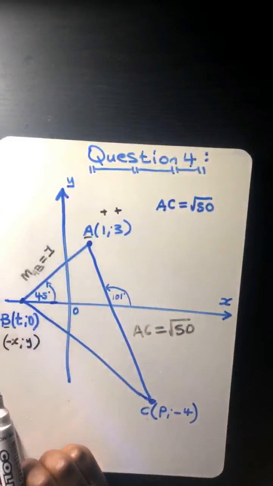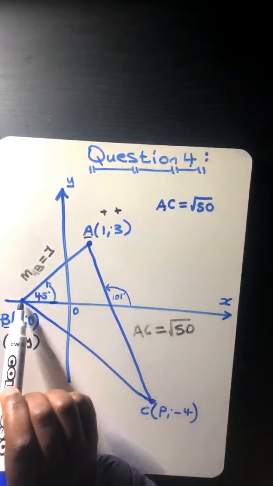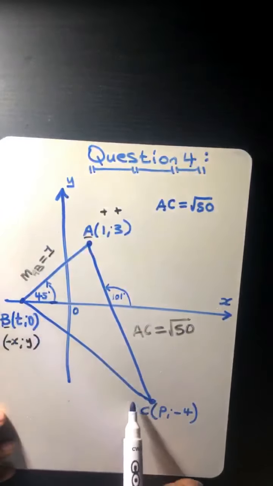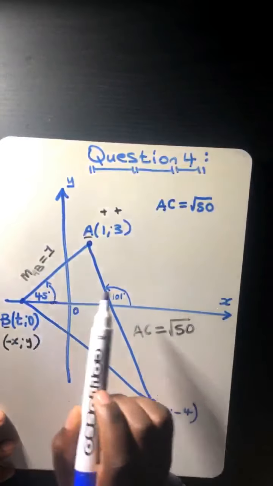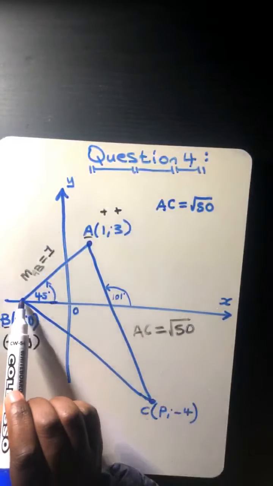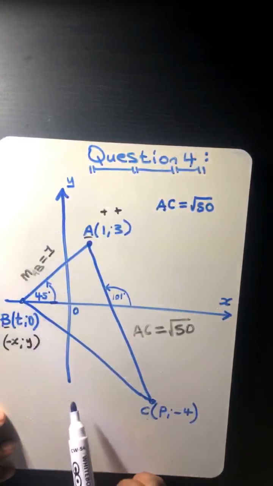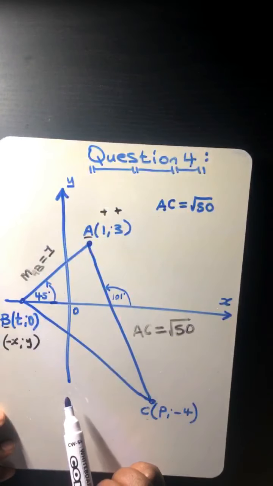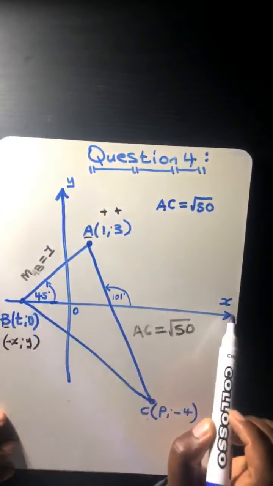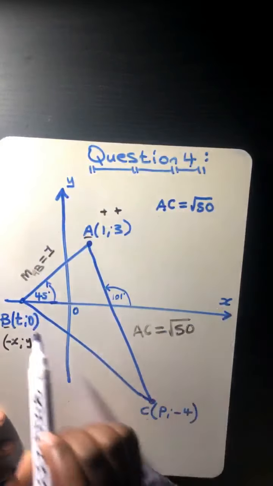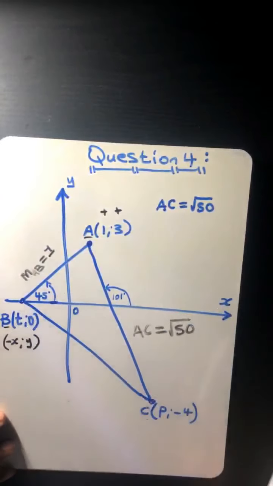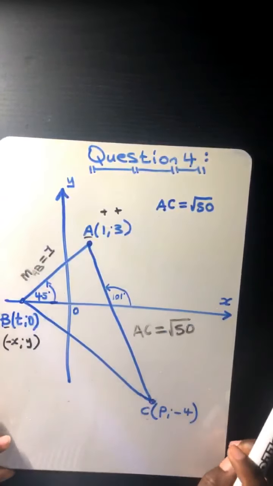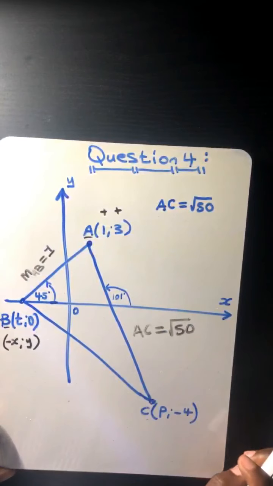So in short, it has got nothing to do with line BC, which means you cannot use the tan angle to calculate the gradient of BC, because we do not have the angle formed between that x-axis and that line of BC. Nompumelelo, did I answer you correctly there? Yes, sir. I'm good now.